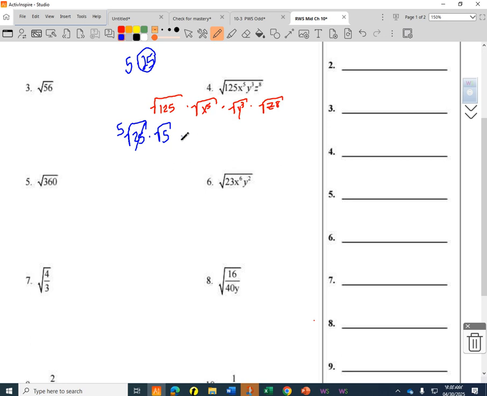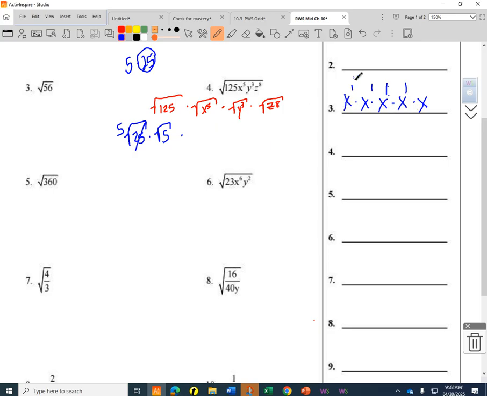Now, the variables are a little bit harder for kids for some reason, but remember, when you multiply the same variable, you're just adding the exponent, right? So if we have x to the 5th, really that's just us multiplying 5 x's, right?